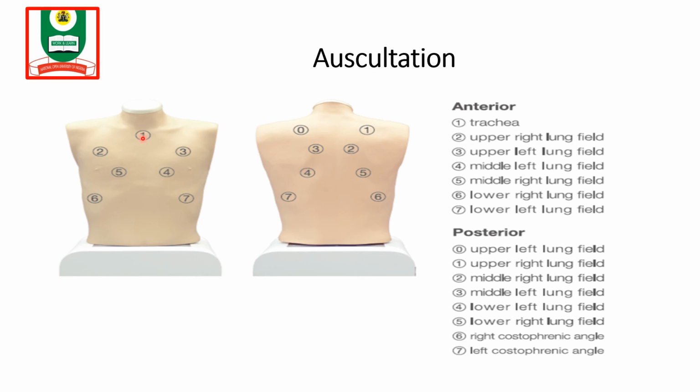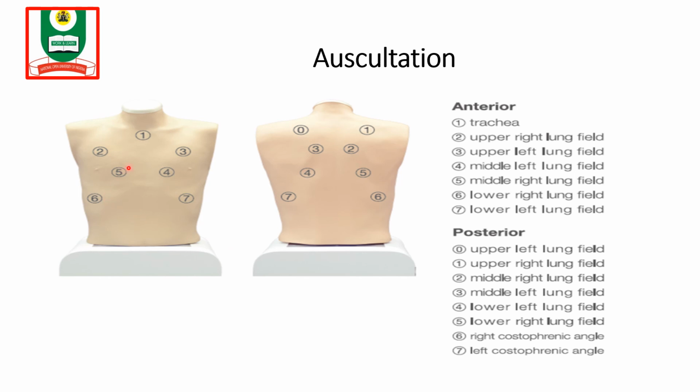This is the trachea. Like I said in the previous slide also, the lung extends to the back from the chest cavity. These numbers correspond to the 2 lungs. We have the right side and the left side, and this is the front view and this is the back view.